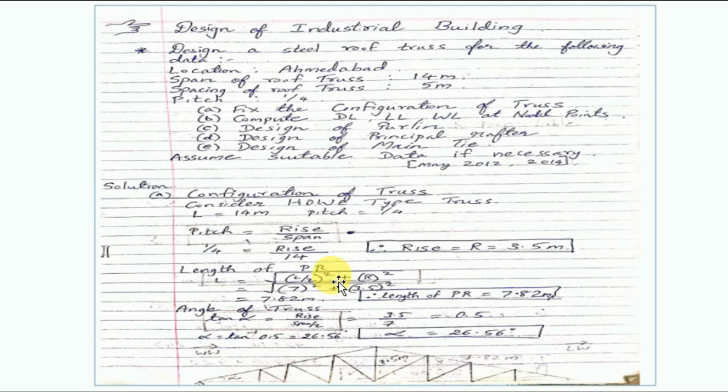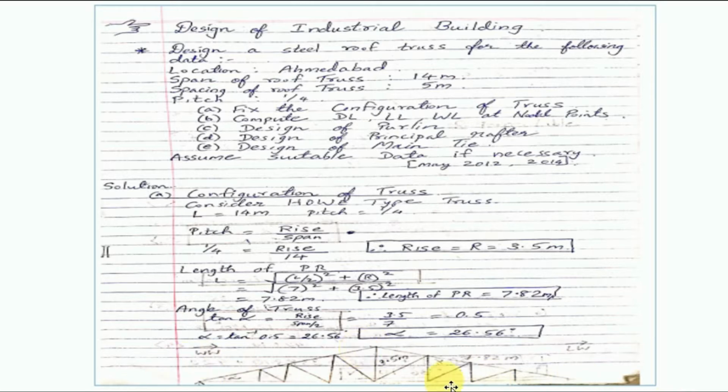Length of principal rafter using Pythagoras theorem for one side, we are getting 7.82 meter. Angle of truss we can find using the formula tan alpha equals rise by span by 2 for each side. We are getting the angle 26.56 degree.